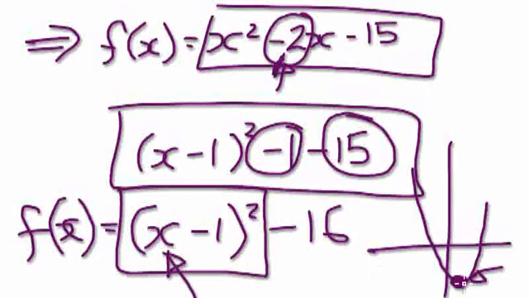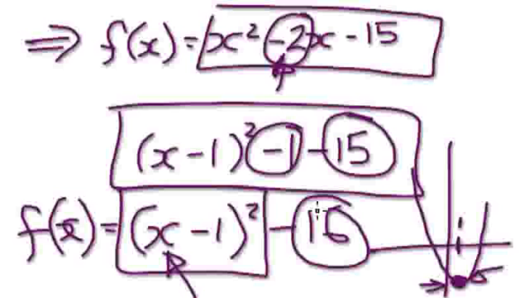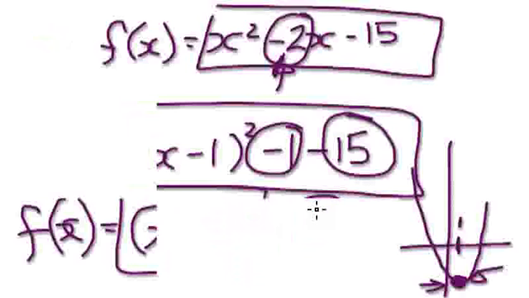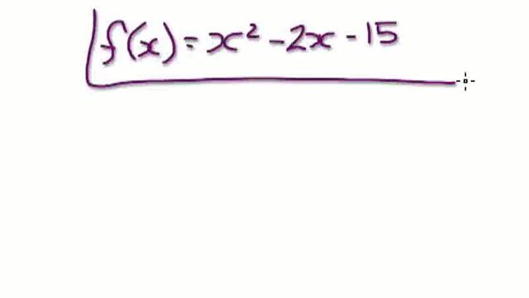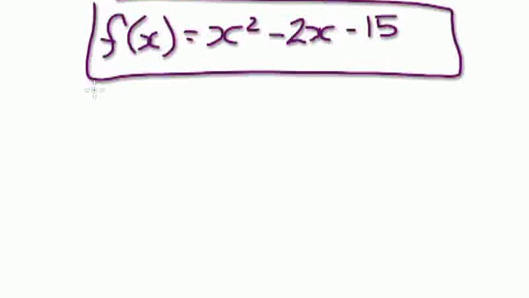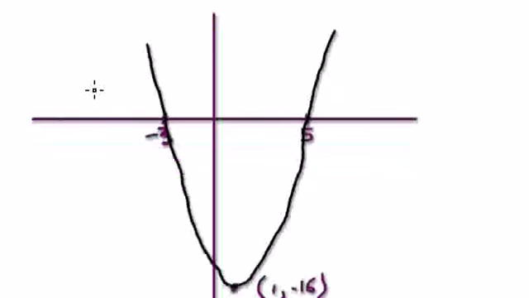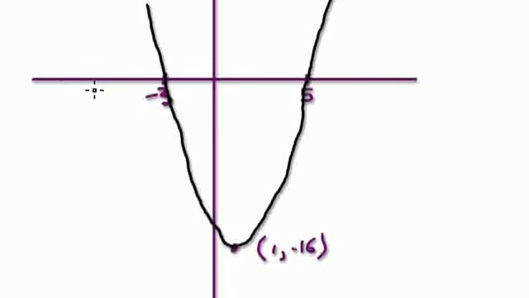In this case, it's when x is at 1, and then this bit here is minus 16. So from this one function, you can jump to this graph. You can use the technique earlier to work out that it crosses at minus 3, it crosses at 5, and the lowest point is this.